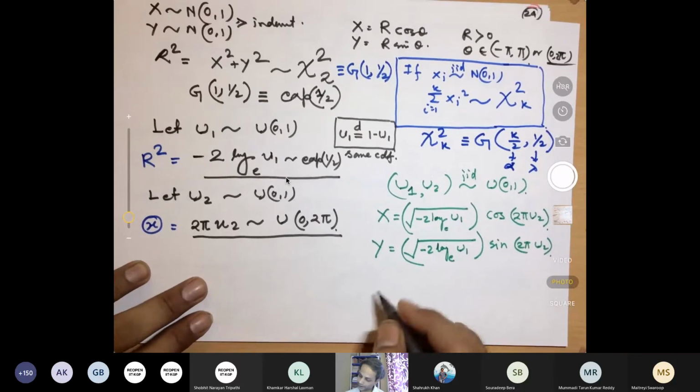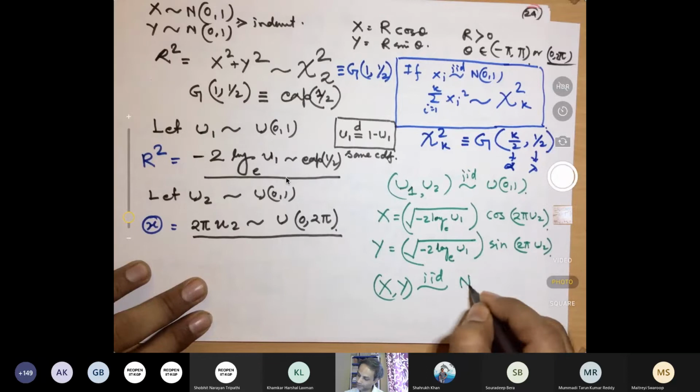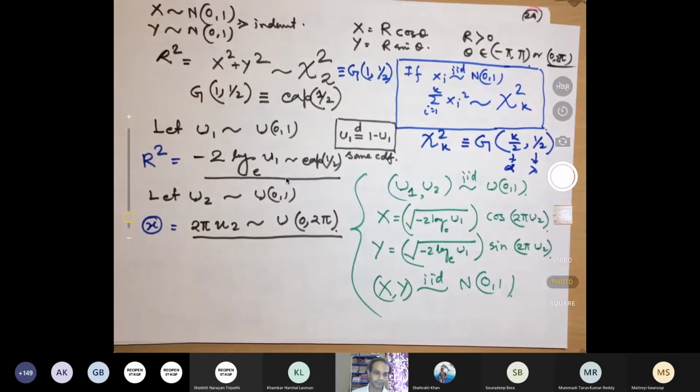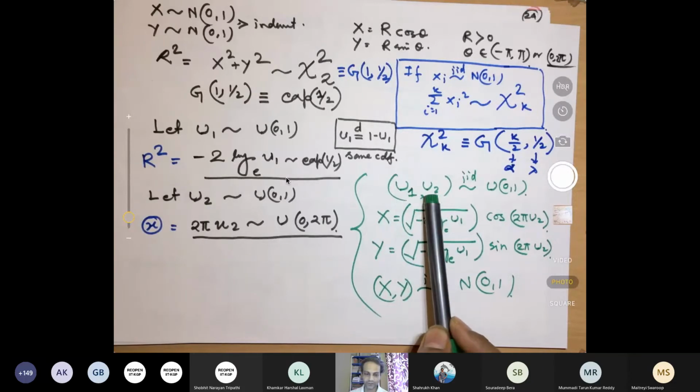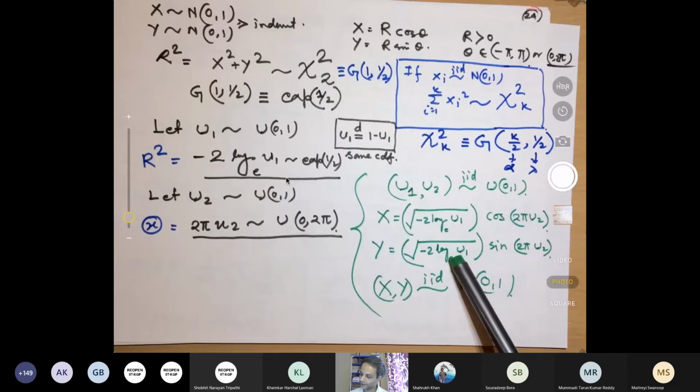Then X and Y are IID normal. You generate random variables from uniform 0, 1, independent, then consider this transformation.